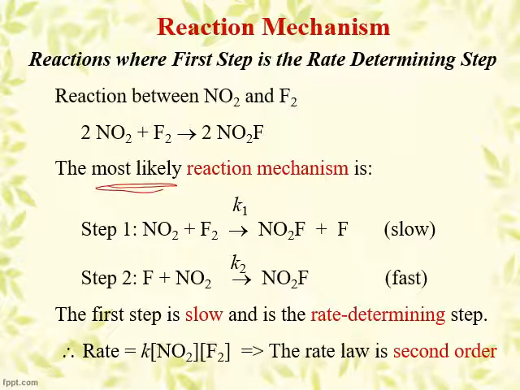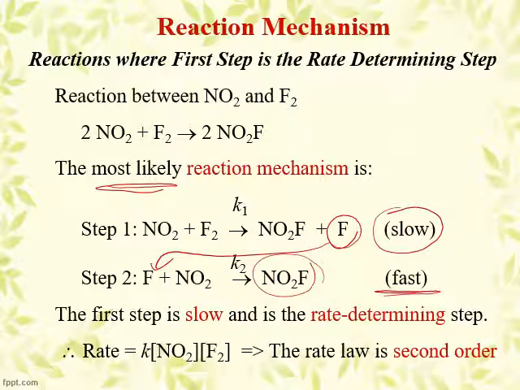Step 1: NO2 reacts with fluorine to produce NO2F plus F, and this is a slow reaction. Step 2: F, produced in step 1 as the intermediate, is used as a reactant in step 2, reacting with nitrogen dioxide to produce NO2F, and this is a fast reaction. So the rate law is based on the rate determining step, which is the slow step, the first step.